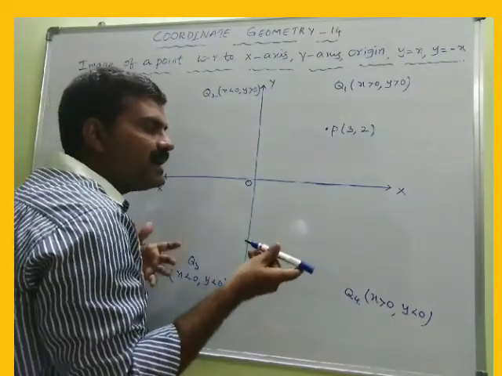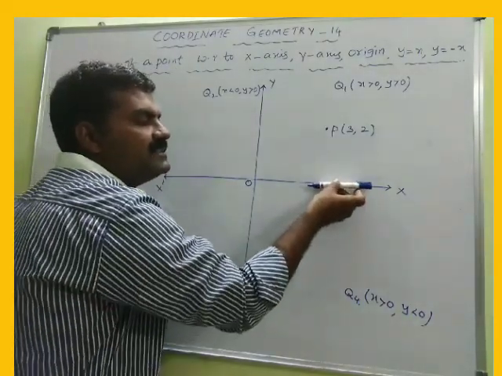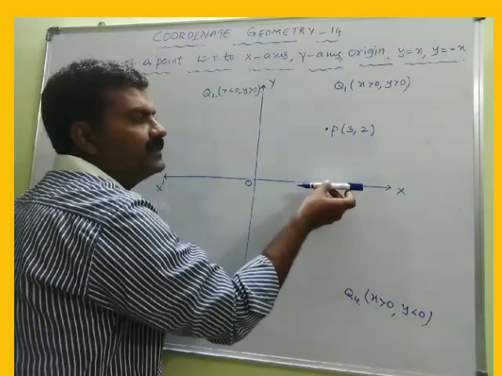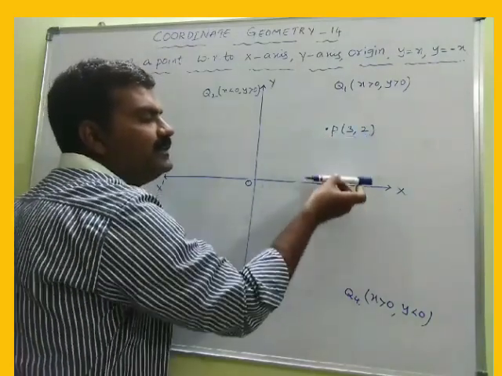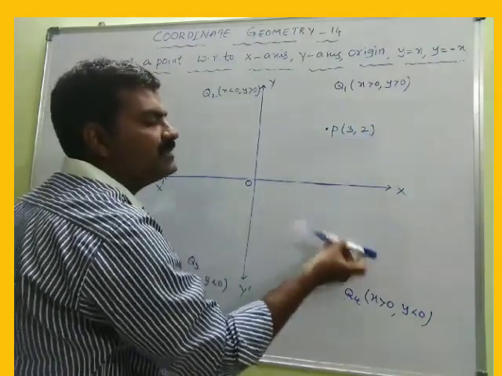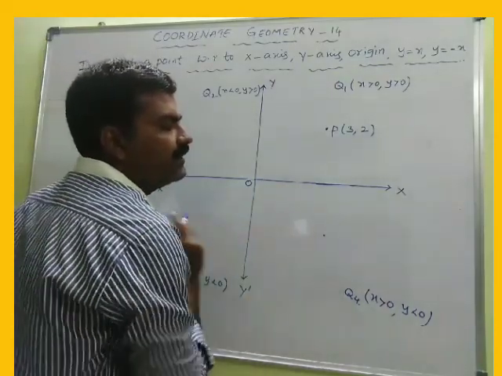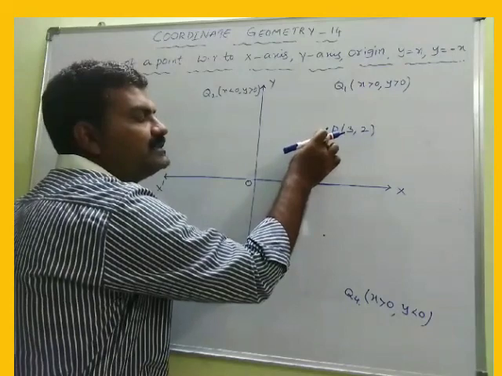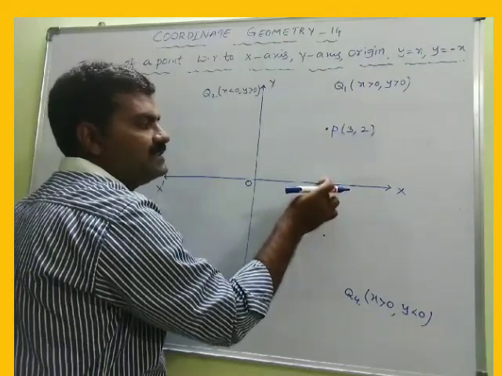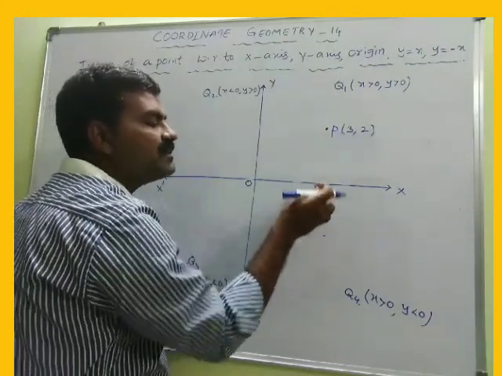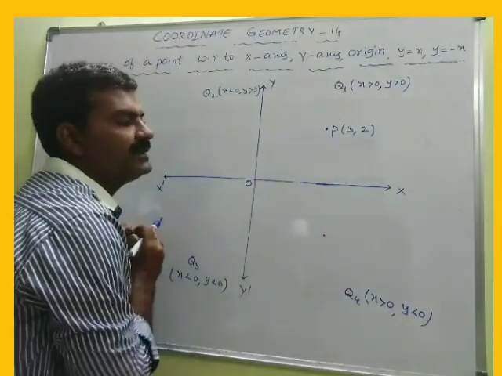Imagine that the x-axis is a mirror. So this point's image with respect to this axis is somewhere here. I mean, the point is at some distance from the x-axis, and its image is at the same distance from the x-axis.